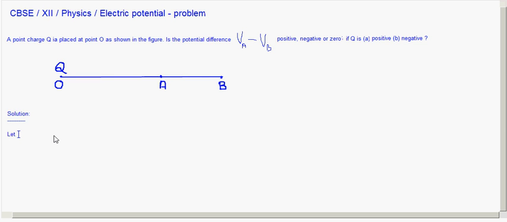Let the distances of points A and B from charge Q be RA and RB respectively.